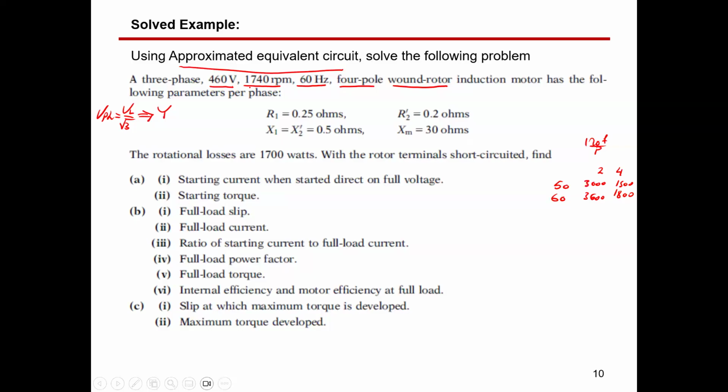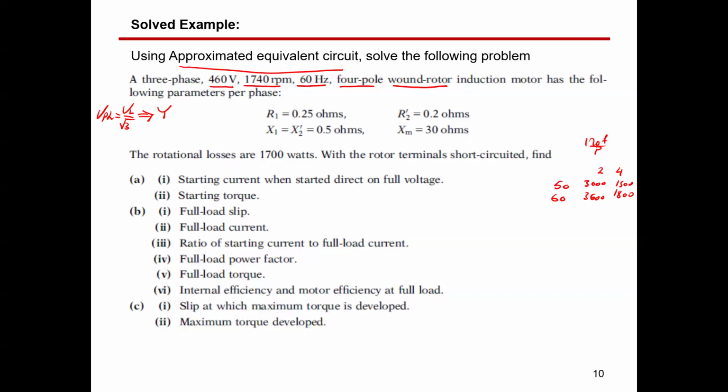But again, which operating speed? If you read the nameplate data of any motor, guys, the speed is given for the rated speed. This is for the induction motor. The speed is given for the rated speed. DC motor was different. DC motor was the no load speed.